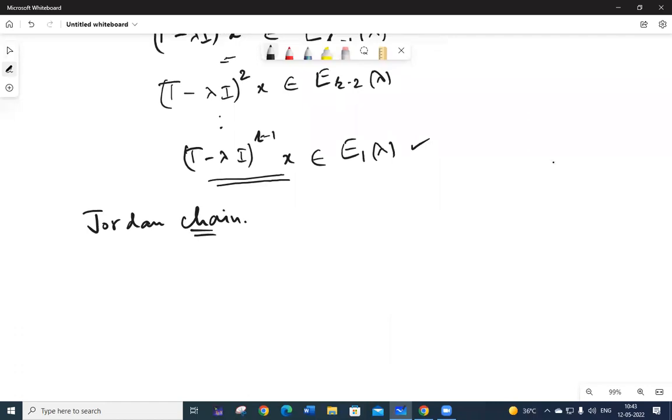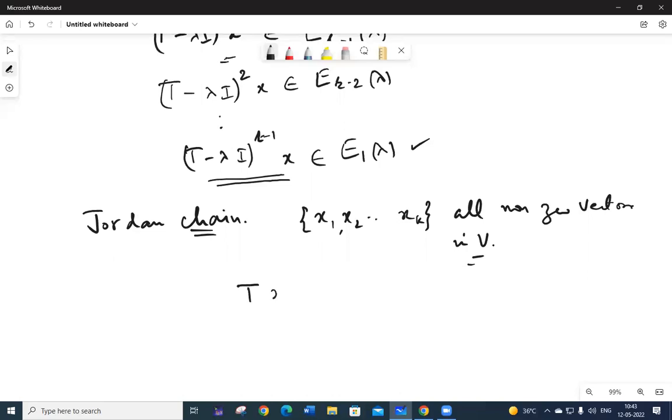What is that? I take a collection of non-zero vectors in B, such that T of x1 is equal to lambda x1, where this is lambda.